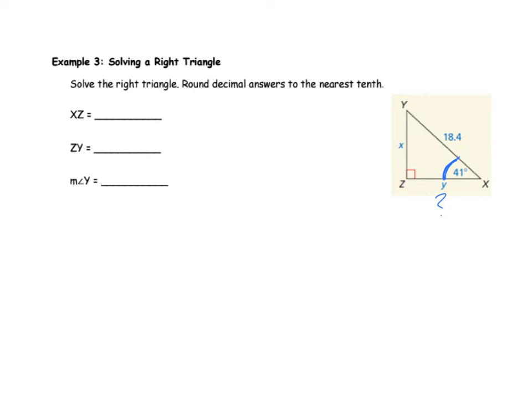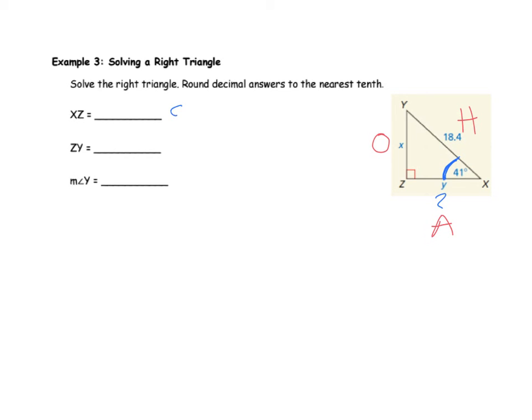Based on my theta, this is the opposite, that is adjacent, and that is my hypotenuse. It does me no good to use opposite and adjacent because those are two values that I don't know. That's x, that's y. So I have to use something with the hypotenuse. To figure out XZ first, I'm going to use adjacent over hypotenuse, which is cosine.